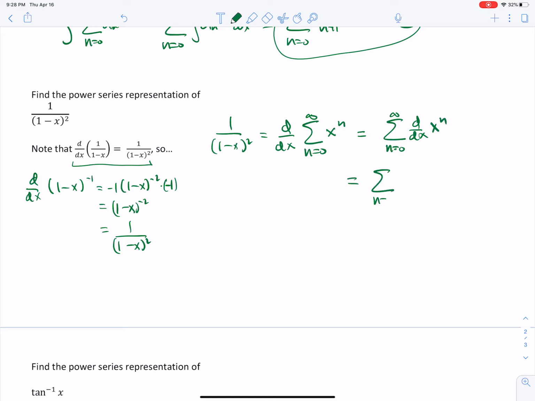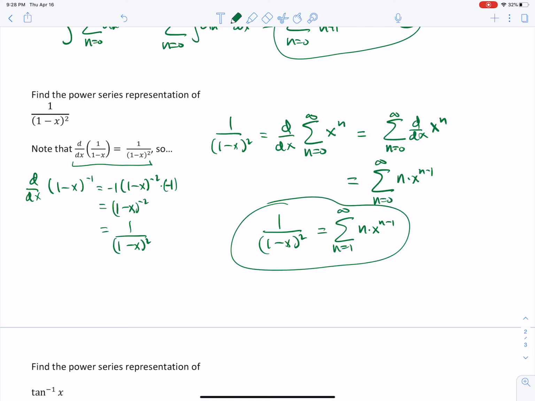And so I'm going to get summation n equals 0 to infinity n times x to the n minus 1. But we want to remember that, as I said above, we can change that 0 to a 1 because the first term of that sum was going to be 0. And so here's my power series representation for 1 over 1 minus x quantity squared.